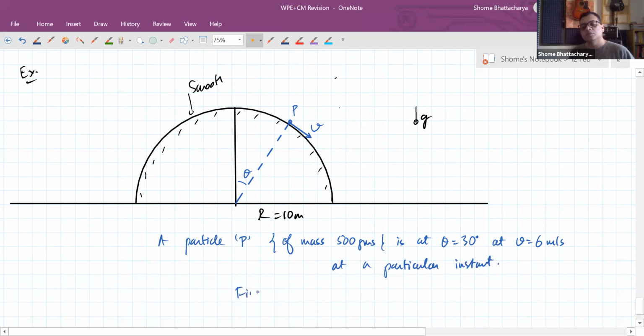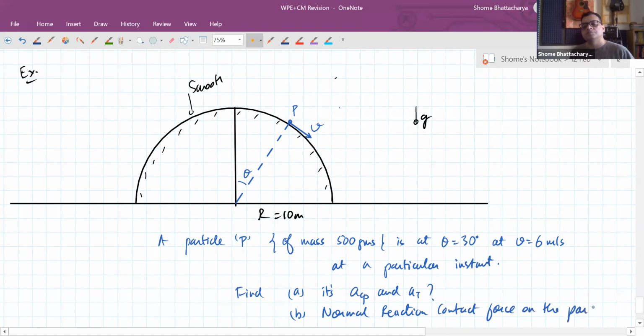So you want to find out its centripetal acceleration and tangential acceleration and the normal reaction contact force on the particle at this same instant. We want to find out all these parameters at the same instant. So once again, just give this a try for a moment, make the free body diagram of the question to try and understand this. I will explain this.